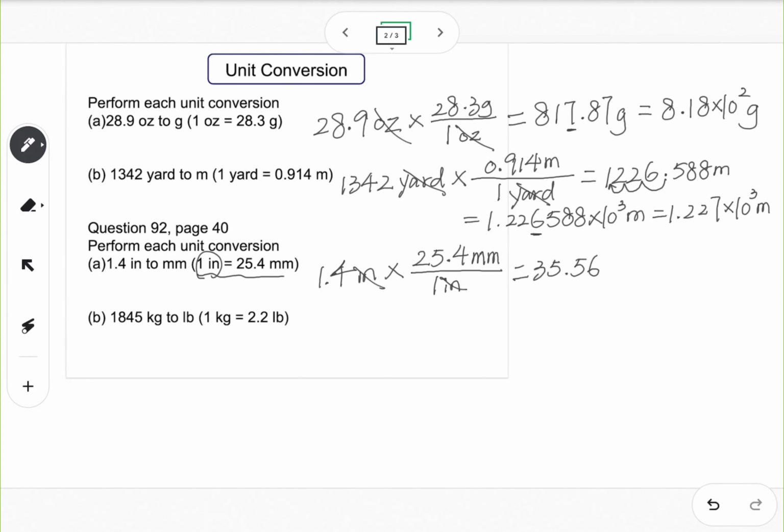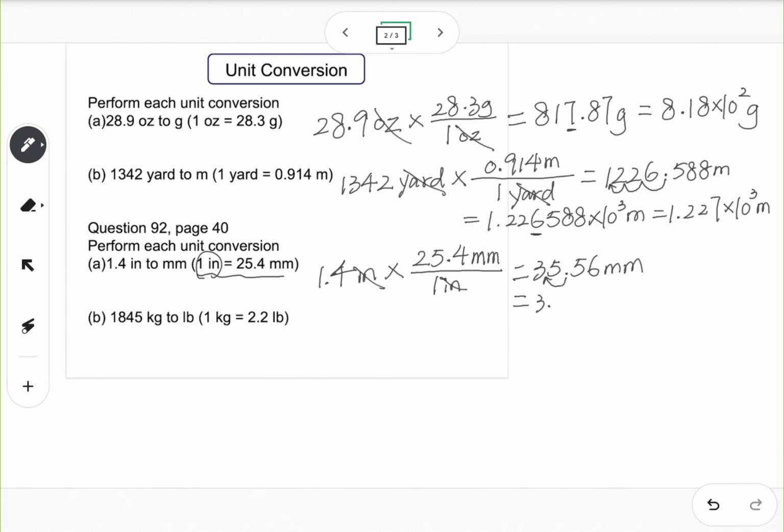35.56 millimeter. Again, for significant figures, ignore the significant figures of those constants. This one has 2 significant figures, so we should keep 2 significant figures for the final answer. Move the decimal point to your left once.